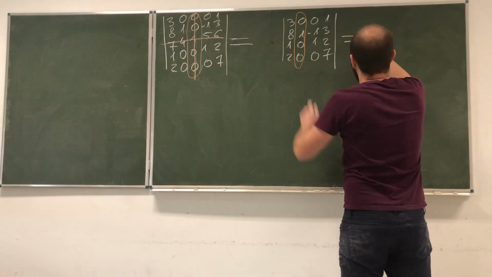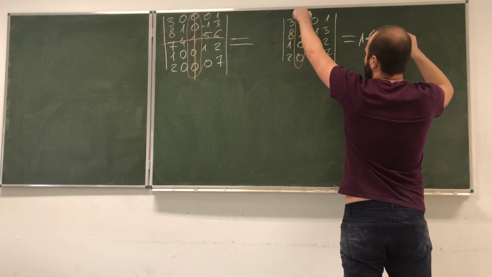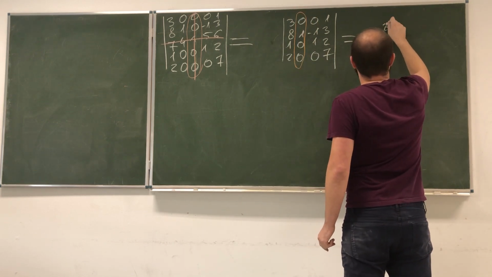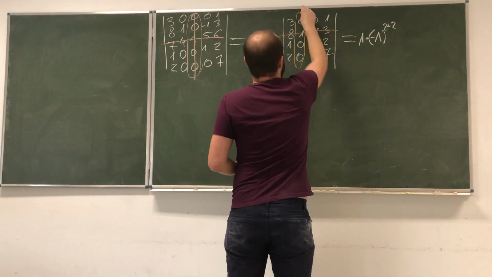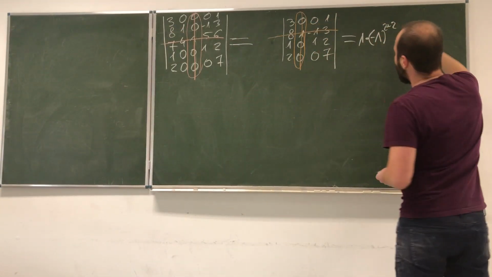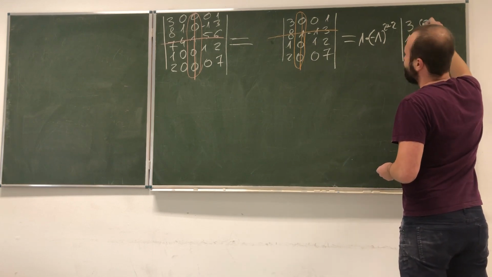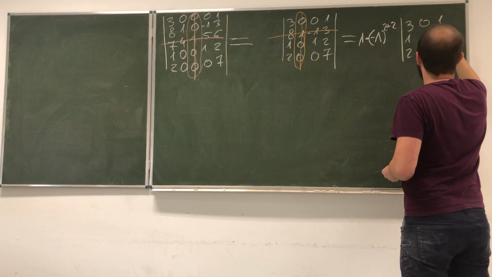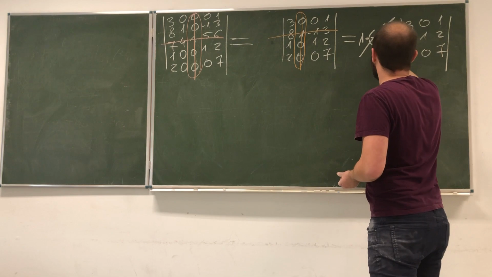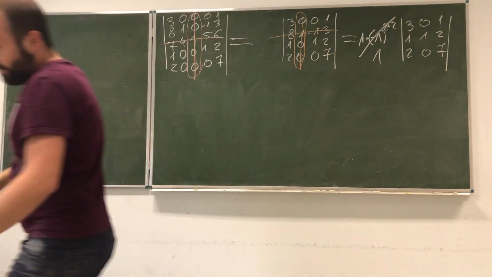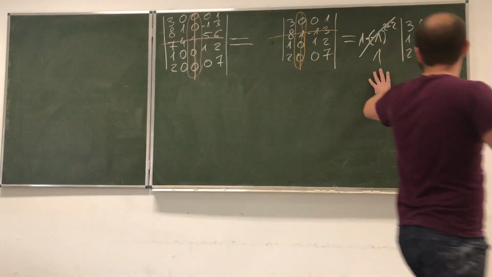So I get that this is 1 times negative 1 to the power 2 plus 2, second column. And now, if I delete everything here, what I have left is 3, 1, 2, 0, 1, 0, 1, 2, 7. Again, we see that this is equal to 1. So now, let's use Laplace expansion one more time.